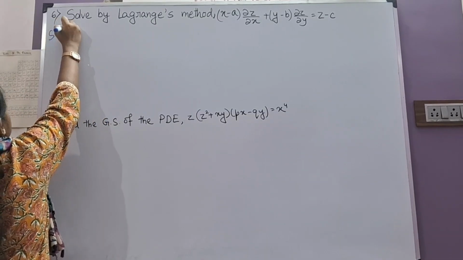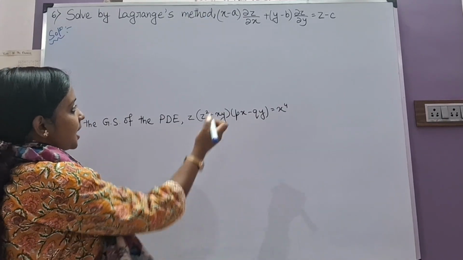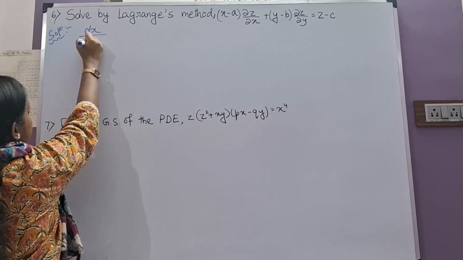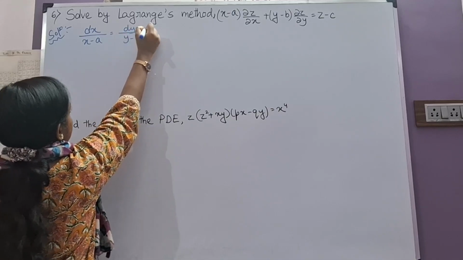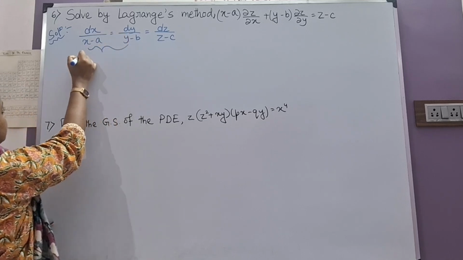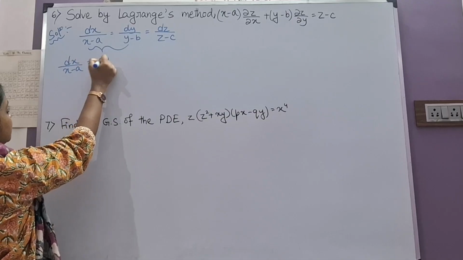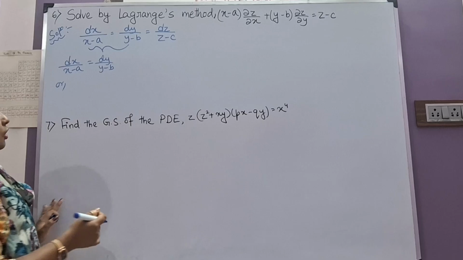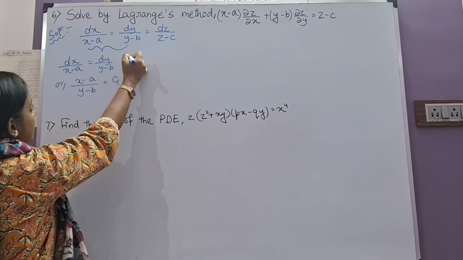Now we are going to solve this numerical. So we know that del z by del x equal to p, and del z by del y equal to q. So here the Lagrange's subsidiary equation is dx by (x minus a) equal to dy by (y minus b) equal to dz by (z minus c). Now choosing the first two ratios, we get dx by (x minus a) equal to dy by (y minus b). Integrating and removing the log, we get (x minus a) by (y minus b) equal to c1.